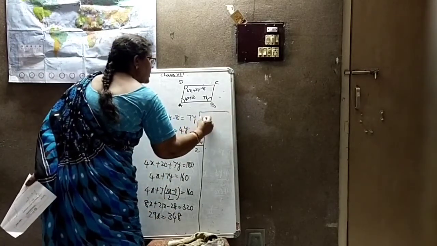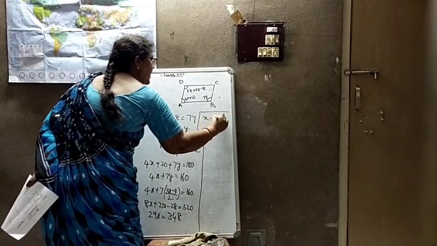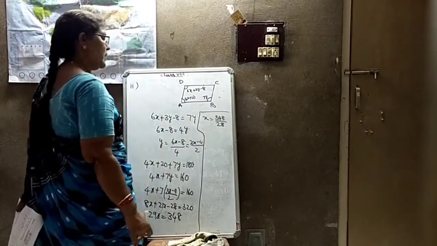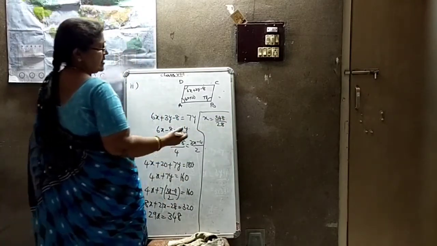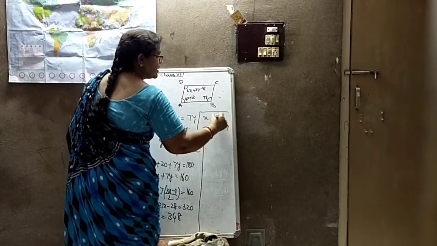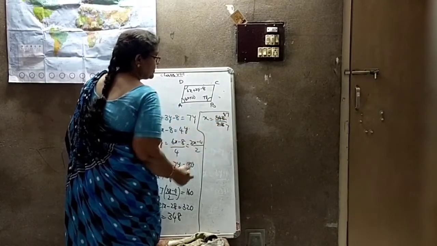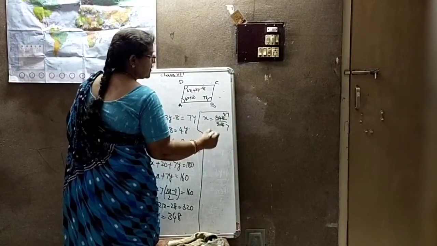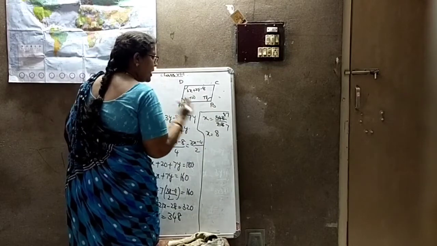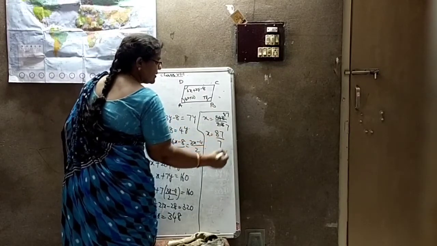Therefore, x is equal to 348 by 29. See with the 29 table first. X is equal to 12.